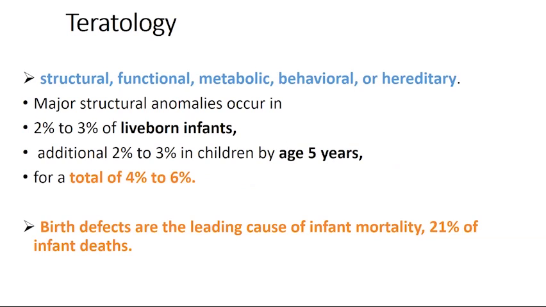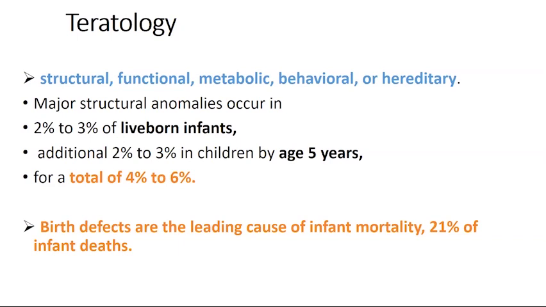Major structural anomalies occur in about 2 to 3% of live-born infants. So you may have them in about 2 to 3% of all the births. An additional 2 to 3% are found in children by the age of 5 years. That means at birth the anomaly does not appear, but when the child reaches the age of 5 years, the anomaly becomes prominent because of the functioning and the modifications which occur.